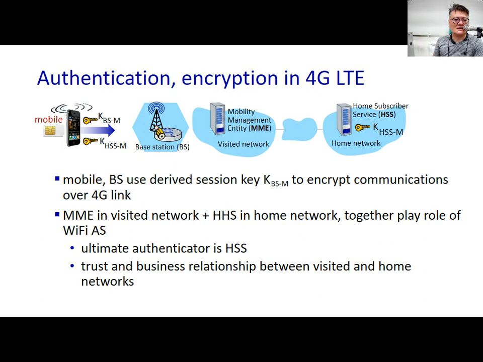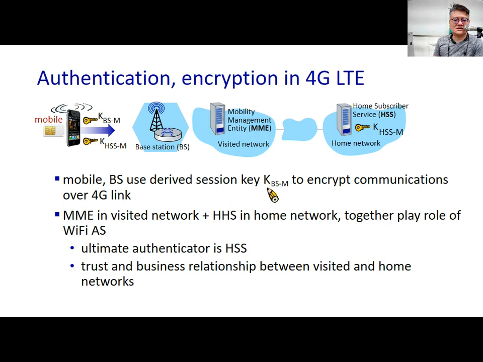So in 4G LTE authentication and encryption, the key between the base station and the mobile is a derived key. And the mobile also has a key with the HSS. So there are two keys: one between the base station and the mobile, and the other between the HSS, the home subscriber service, and the mobile. So the mobile and the base station use the derived session key.